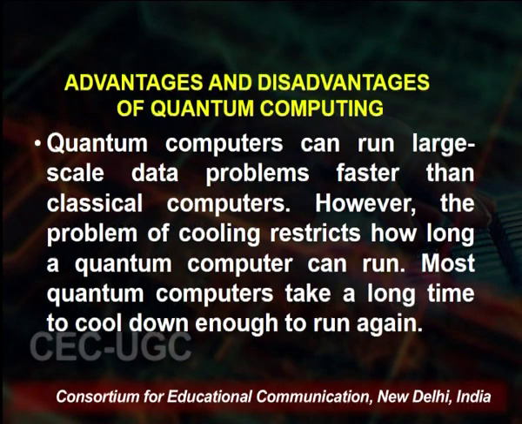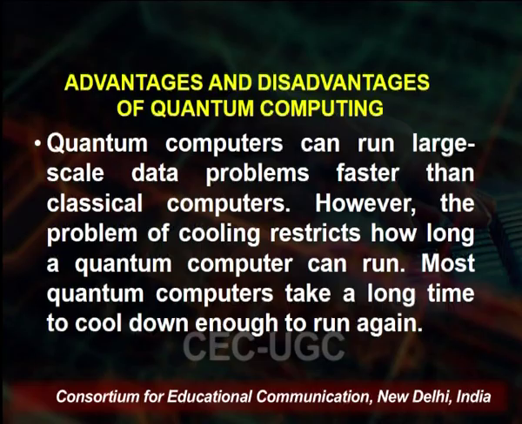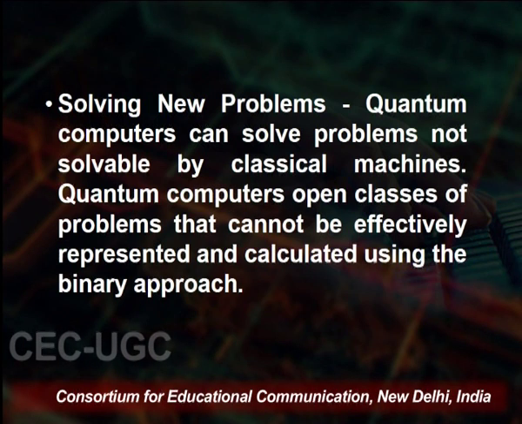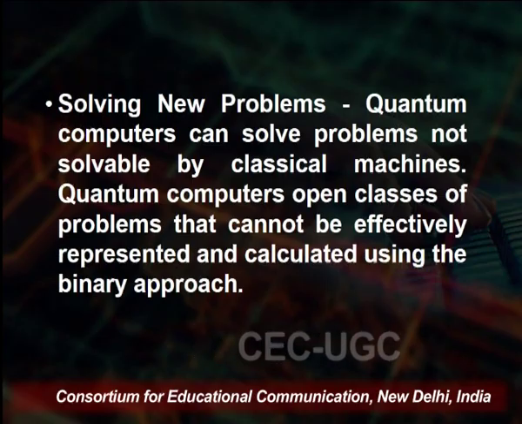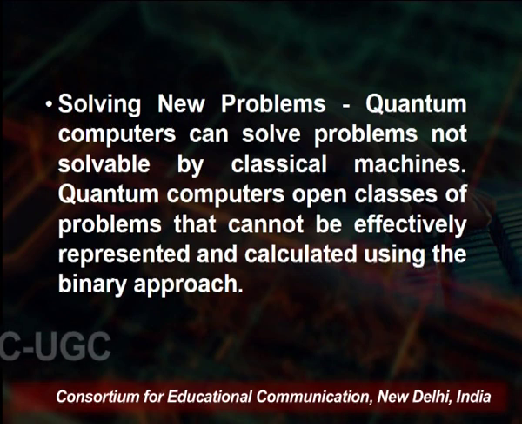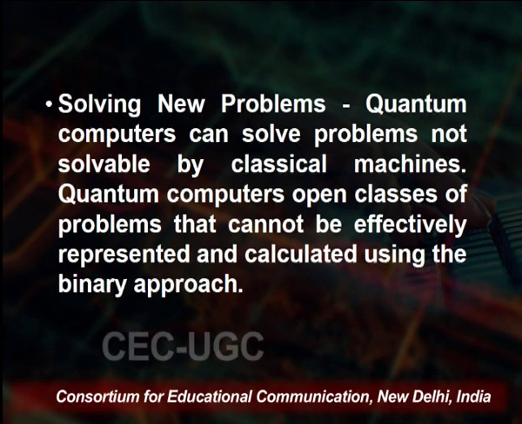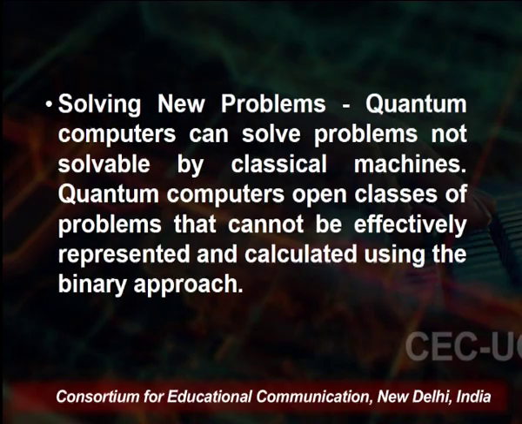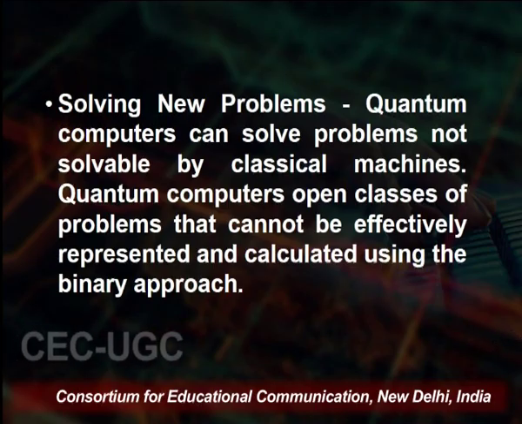Another is that a quantum computer can run large-scale data problems faster than a classical computer. And third is solving new problems. Quantum computers can solve problems not solvable by classical computers, and that can open classes of problems that cannot be effectively represented and calculated using the binary approach.